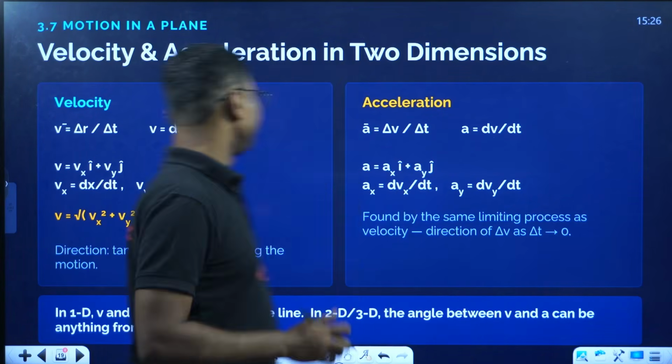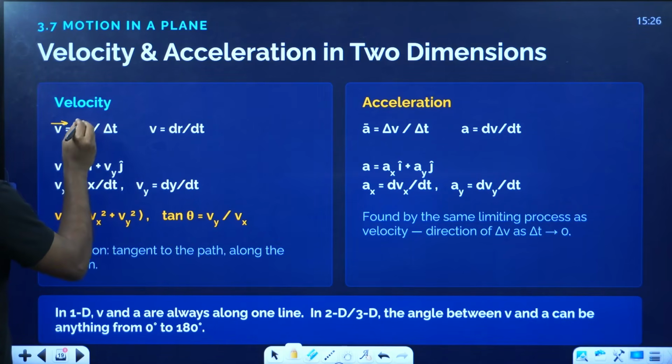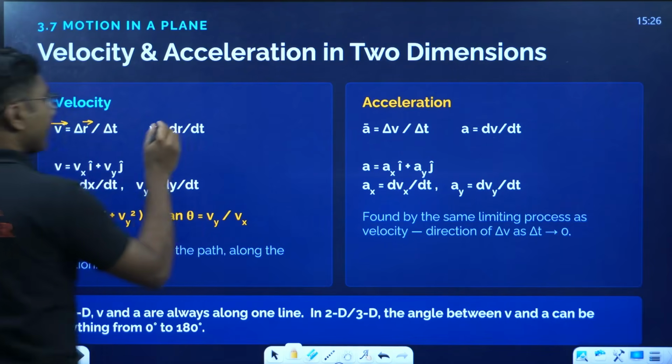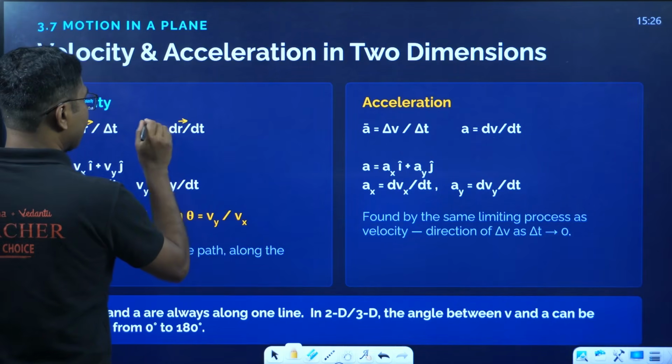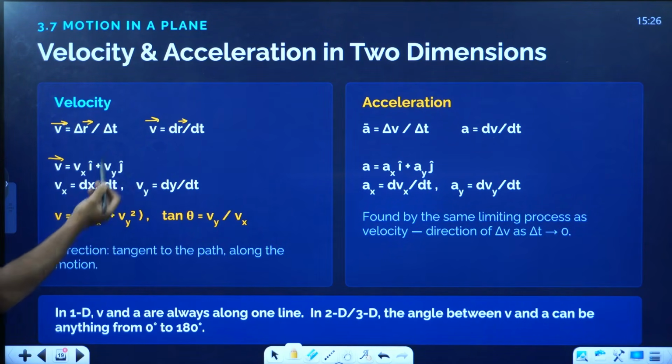Okay, I will explain. Suppose, what is velocity? Normally velocity is given by change in displacement by time, so that is dr by dt. Now when you are talking about vector notation, velocity is given by vx i cap plus vy j cap.